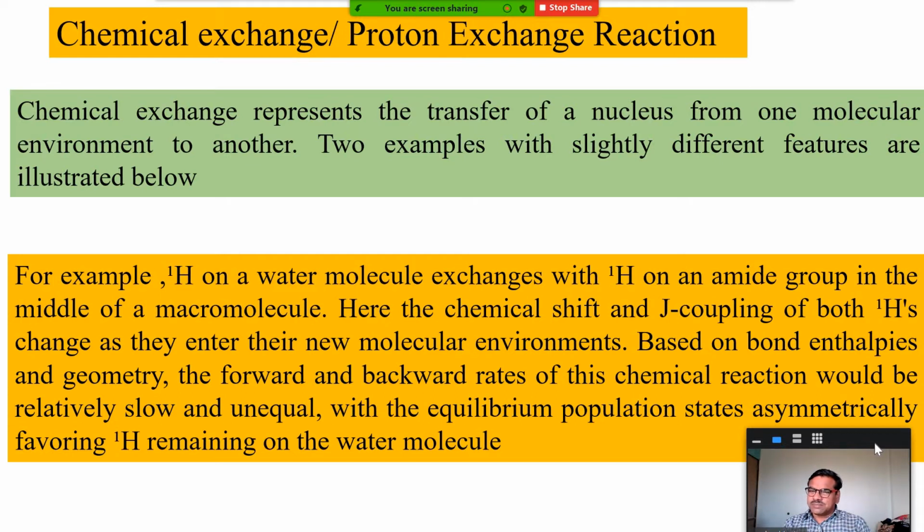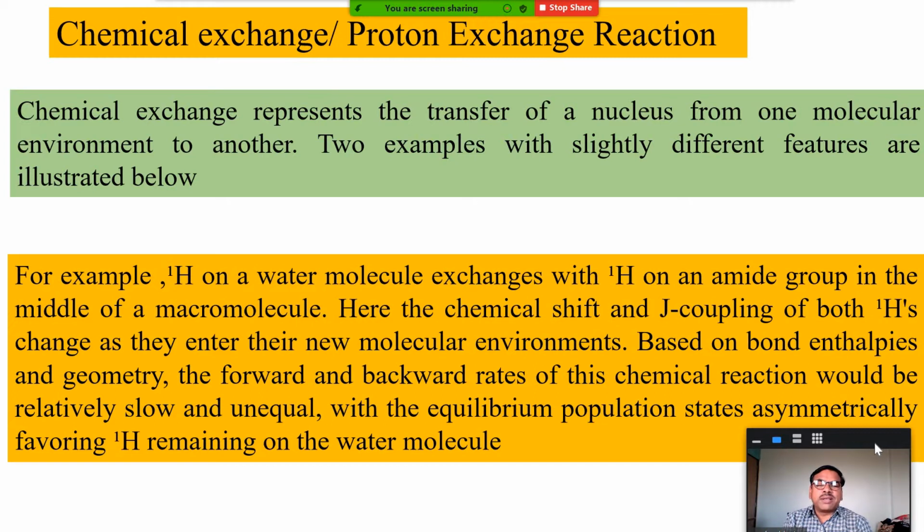For example, hydrogen on a water molecule exchanges with a proton on the amide group in the middle of a macromolecule. Here the chemical shift and J coupling of both hydrogens change as they enter their new molecular environment.